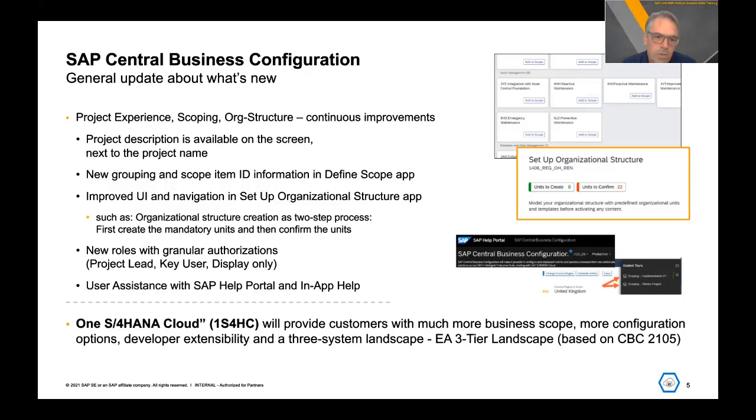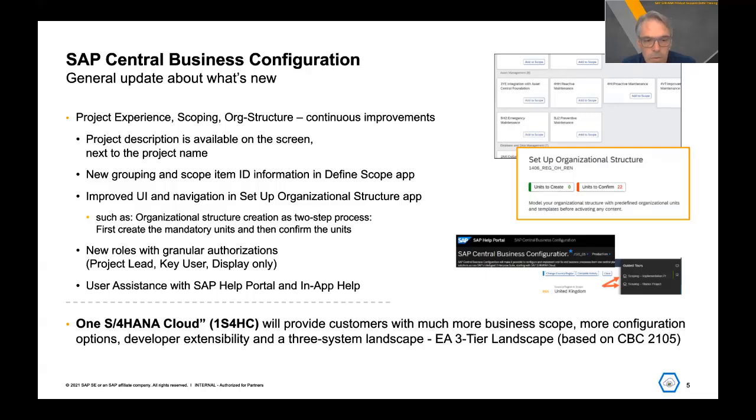One additional subject is that we have different roles provided. You can assign different roles to the users who work with central business configuration. And I would like to also add the user assistance with our help portal and the in-app help, which is also a good help for information on what and how it works with the central business configuration.